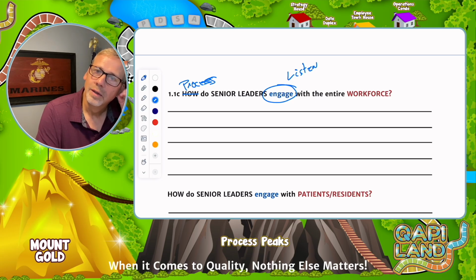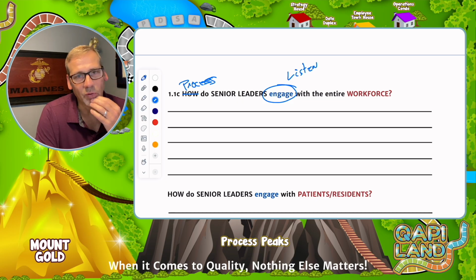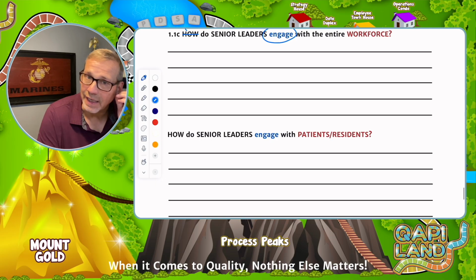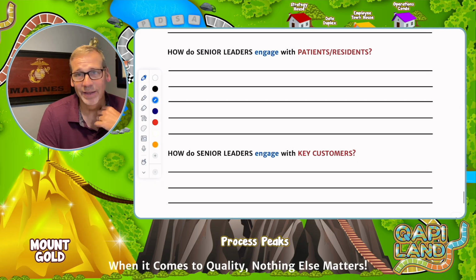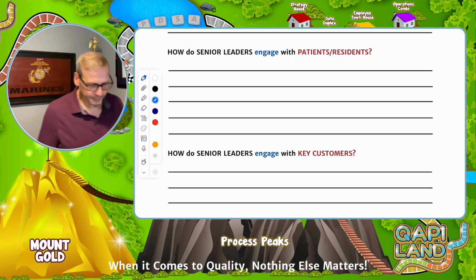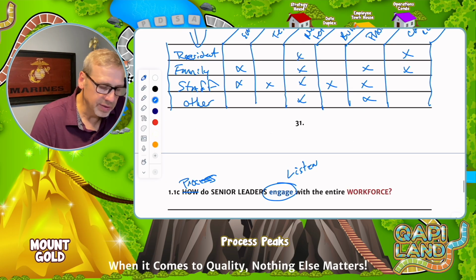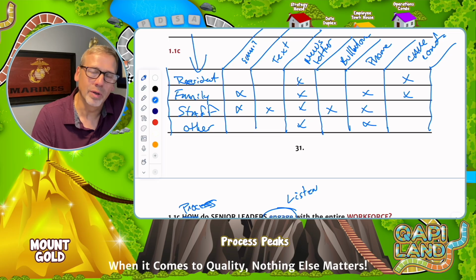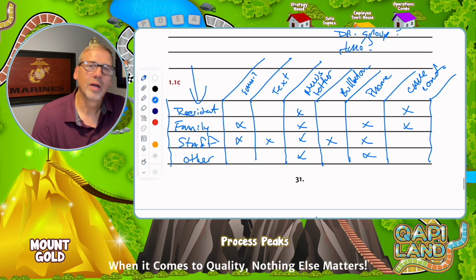How do senior leaders listen to the entire workforce? How do senior leaders listen to their residents? How do senior leaders listen to their other key customers? And again, you can use the same type of table where instead of communication, it's engagement.